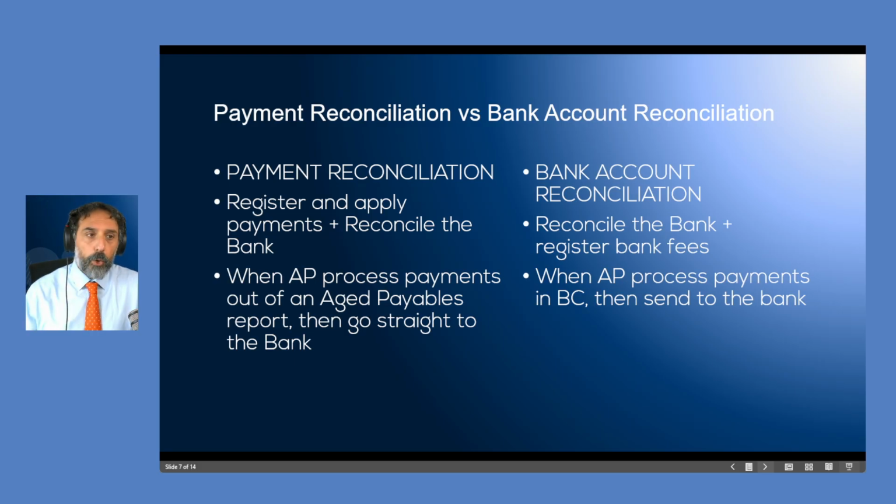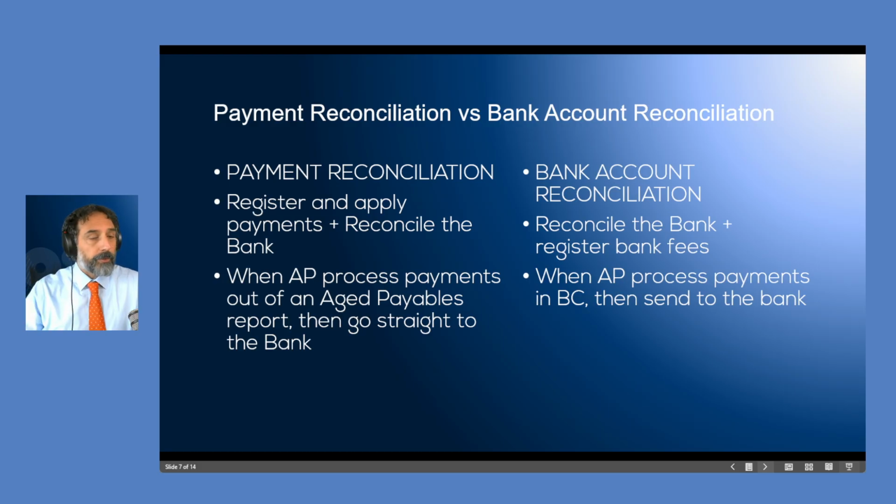They know who to pay because the system gives them a report. They have access to the bank account. They work in the bank account. They figure out what to pay, and they go straight to the bank. They don't operate the system, and they just post the payment in the bank, register the payment in the bank.